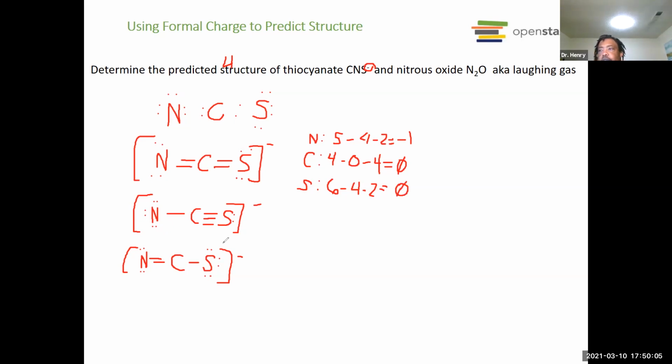Okay, so if we look at this nitrogen, we have 5 minus 6 minus 1. That equals -2. Carbon is going to be 0.